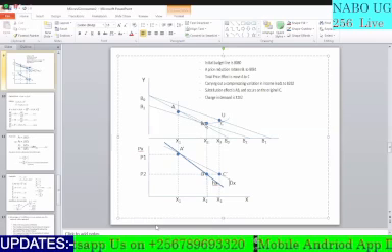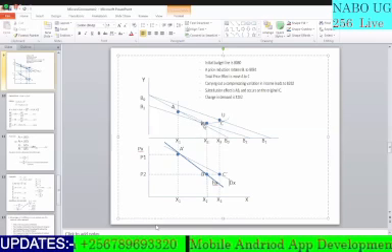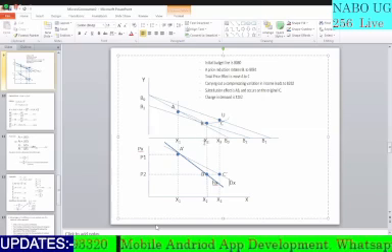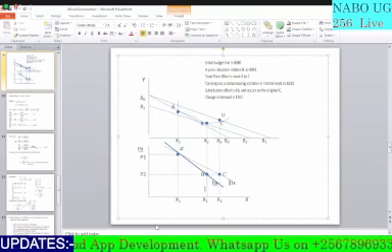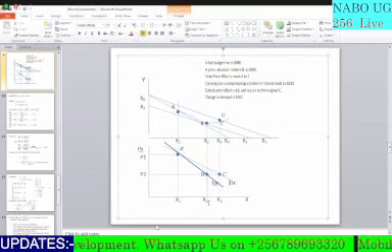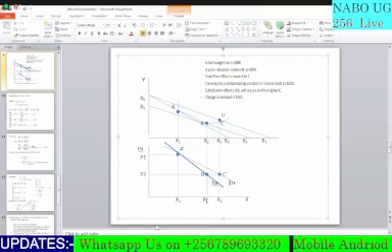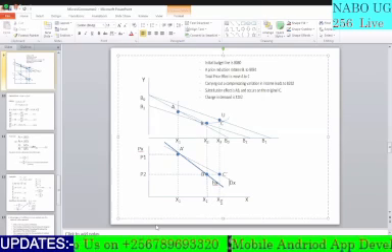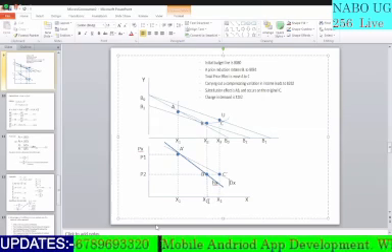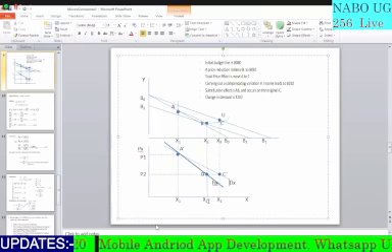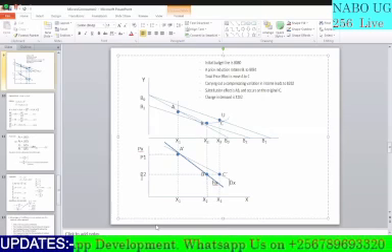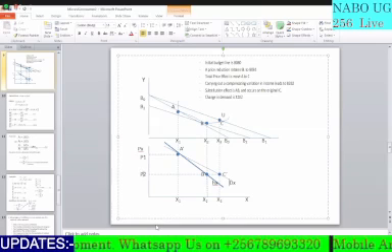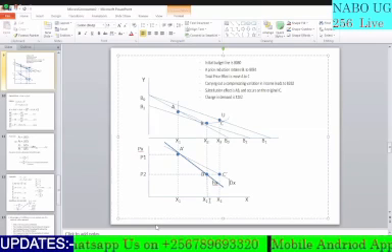So the individual moves to point B. When we record that in the lower diagram, we have this point B prime, and the individual is consuming X2. You can see X2 is less than X3 because you have carried out a compensating variation in income. So he consumes less. At the lower price P2, the individual consumes X2.